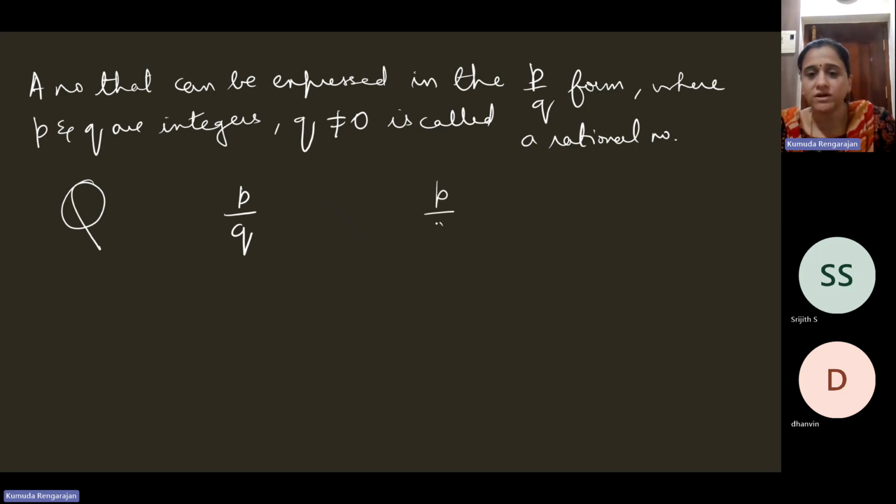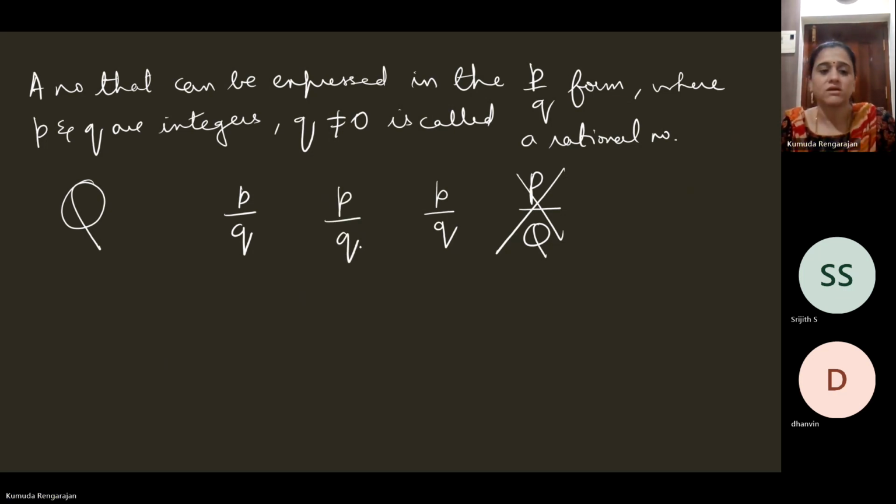Small letter P by small letter Q, not capital letter P by capital letter Q. Capital letter Q is the symbol which represents rational numbers. All right. So rational numbers always have a P by Q form, integer by integer form.